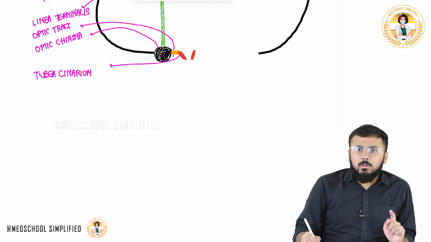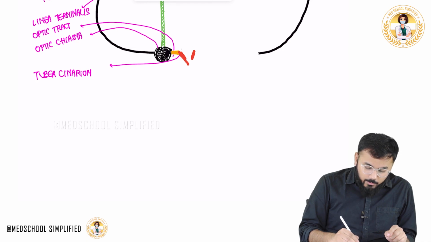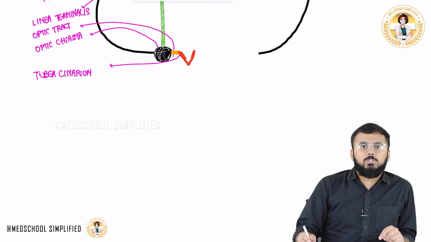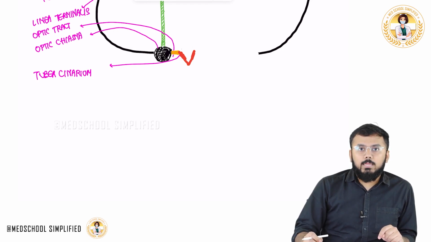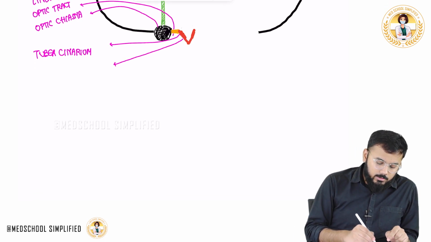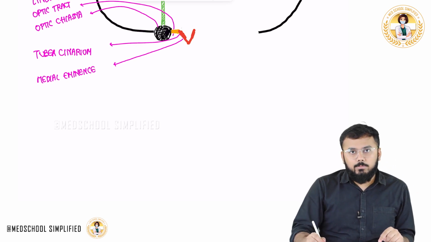Now what is happening? The tuber cinereum joins together to form a cone-like projection. This cone-like projection is called the median eminence.